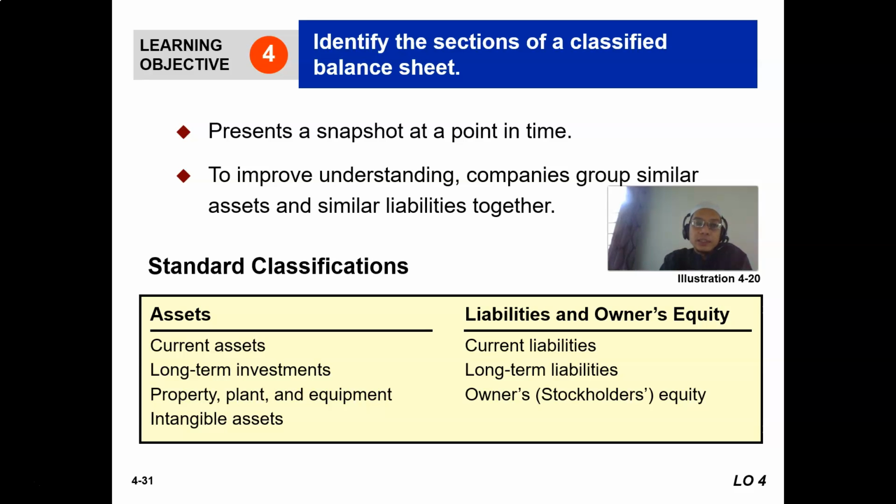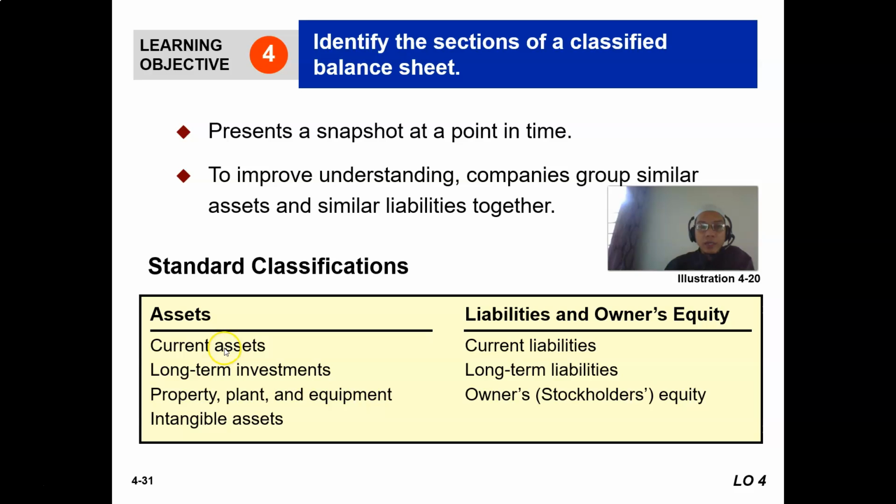Okay, so there's a certain standard terminology in terms of how the asset, liability, and owner's equity are classified inside the balance sheet. So these are the standard classifications. Under asset, we can divide the assets into four classifications.